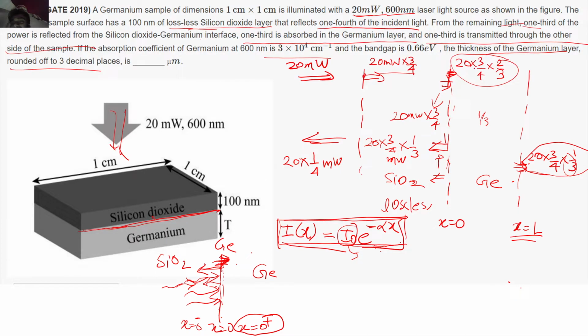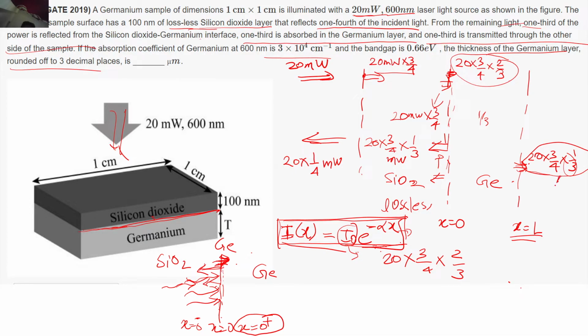We have calculated it as 20 into 3 by 4 into 2 by 3, right? So now we have this I naught as 20 into 3 by 4 into 2 by 3. And what it is asking is the thickness of the germanium layer. So if I put x as my thickness, then that means I want to get the power that is getting out of the germanium material. What is the power that is getting out of the germanium material?